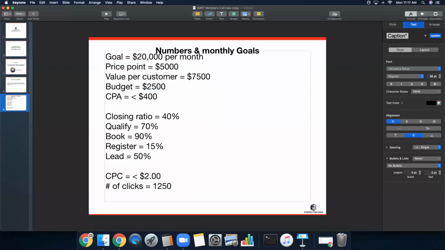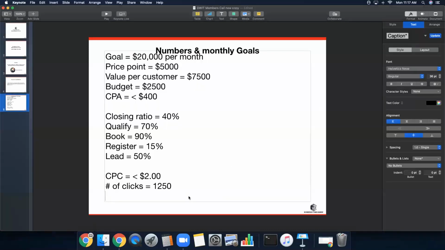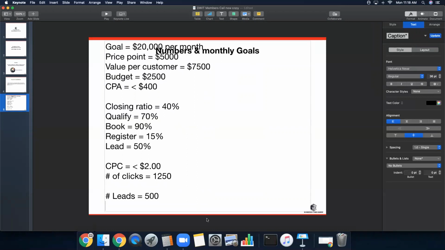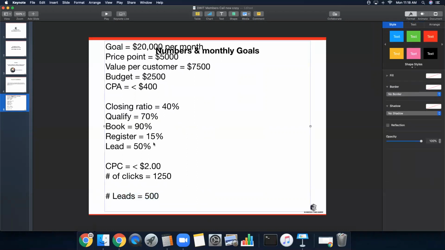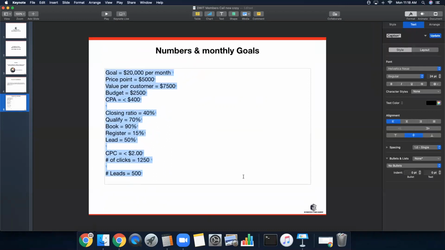Now, if we are driving 1,250 clicks, we have our math, 40%. So we're going to take 1,250 and times that by our 40%. And we have 500. Now we have leads, so number of leads is 500.